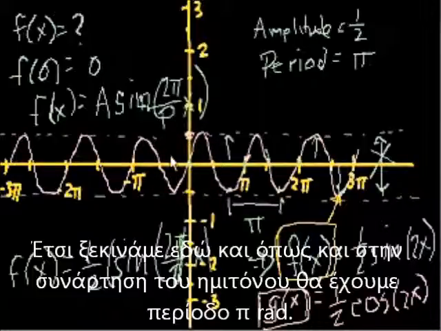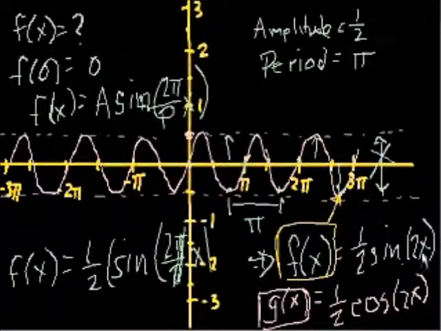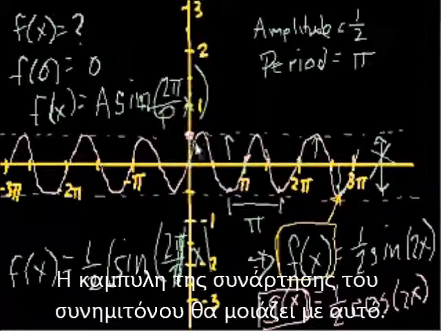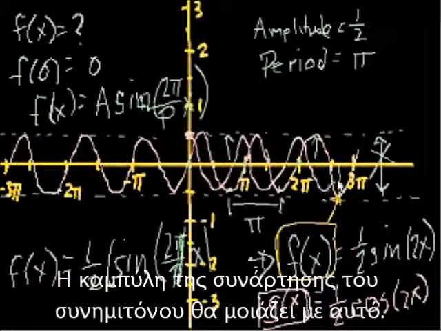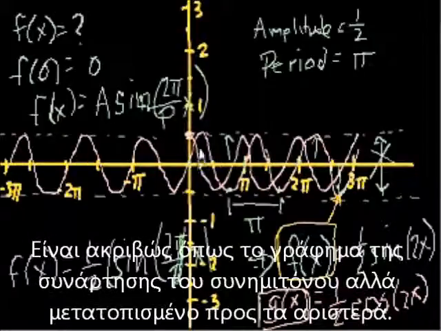And then, just like this sine function, we would have a period of pi, because it has the same coefficient here. So this will just look like this. I think you get the point. It's just like the sine function, but shifted to the left a bit.